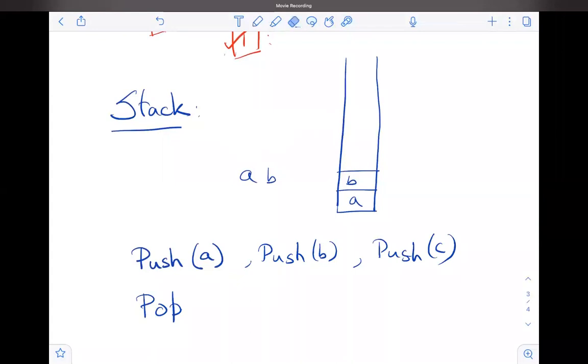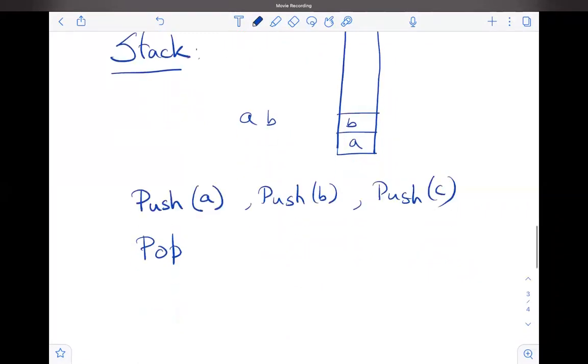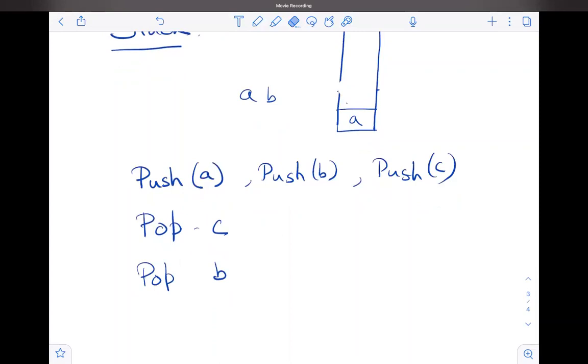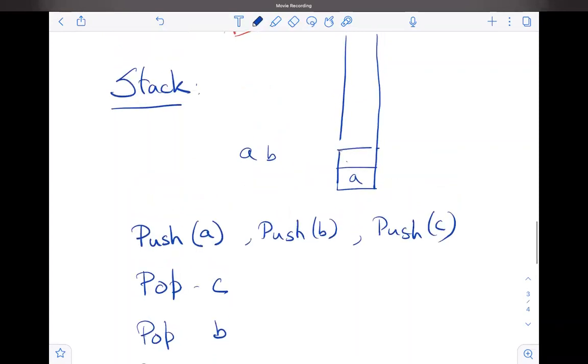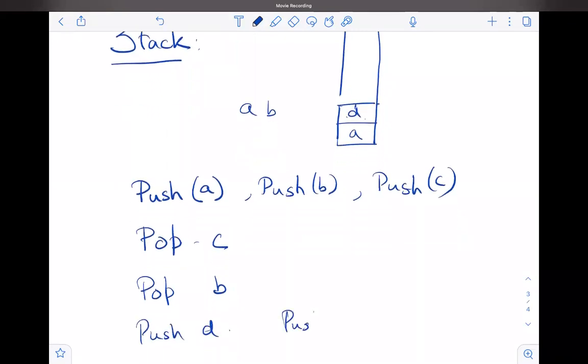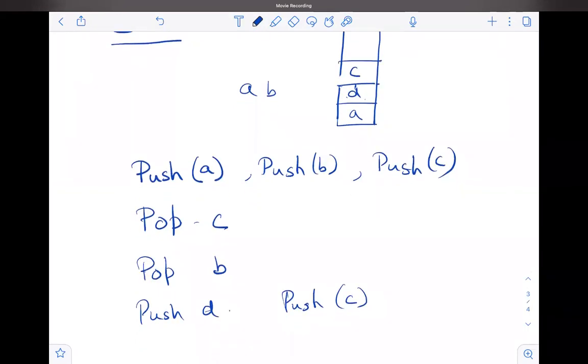So right now at this point, pop would have given you C. If I do another pop, I would get B. Then I can have a push D, which will push D over here. Then say I push C again, then I will put a C over here. It's like a stack, right? And then pop will give you the topmost element.